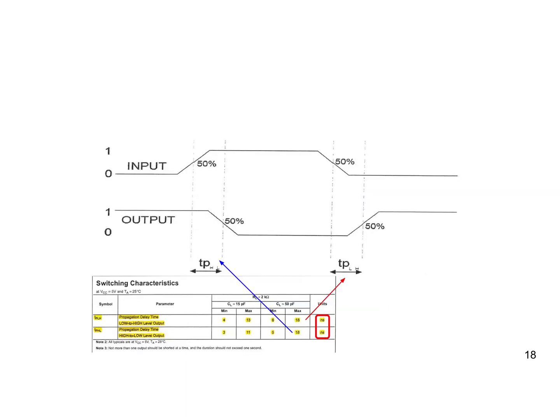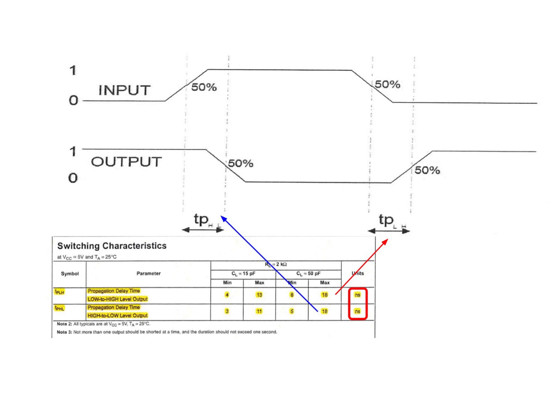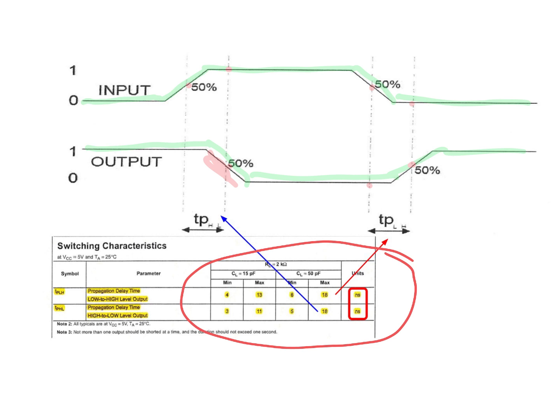This is another illustration. We have the logic input, and then we have the output. The measurement points are typically taken by convention at the 50% points of the slope. You can see right away where these values fall.